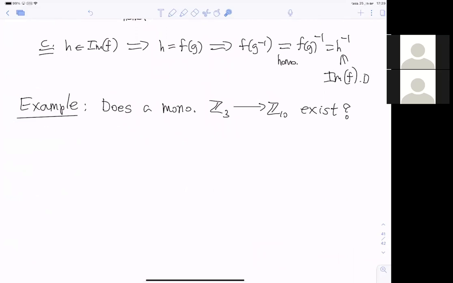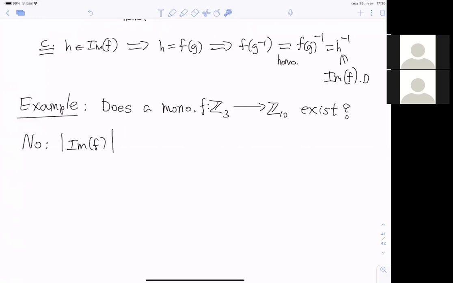So can we find a monomorphism? It means a homomorphism which is injective. And the answer is no. Why not? Let us write it f. What is the order of the image of f?